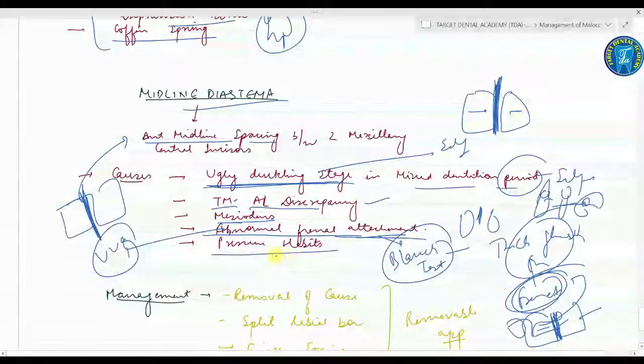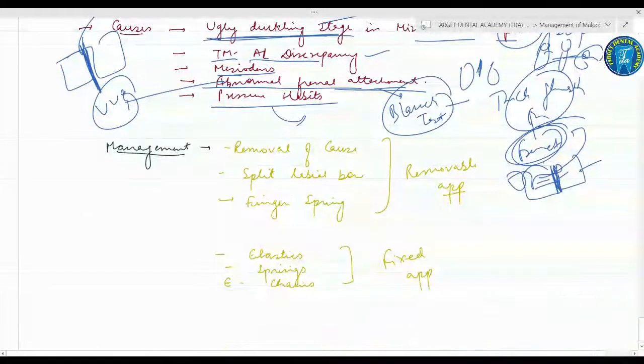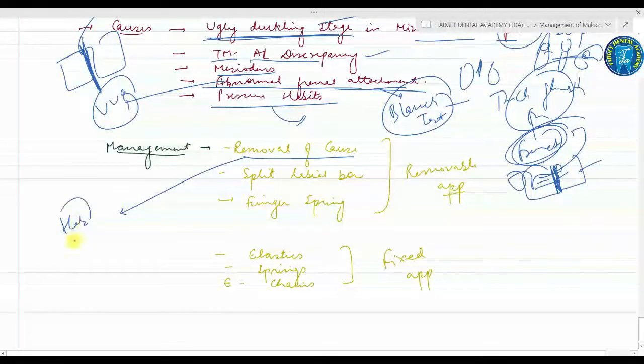Next are the pressure habits. Any kind of pressure habit leads to midline diastema. Fine. So the management is removal of the cause, like removal of the habit. And if it is due to the presence of a mesiodens, just extract the mesiodens.